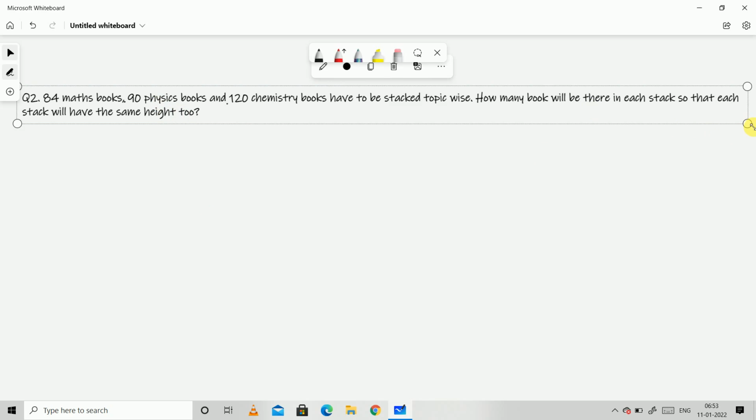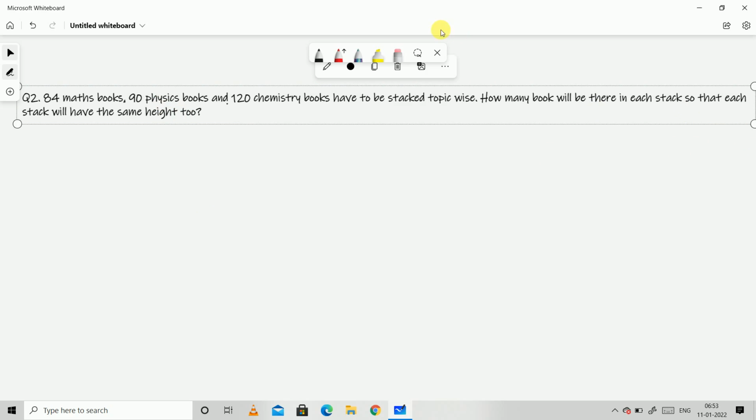Okay. So again, I told you that whenever we are talking about distribution, we go for HCF. Here, this point that they have to be stacked topic wise. Stacking also is a type of distribution only. It has given you some number of books, and it is saying that you need to stack them.